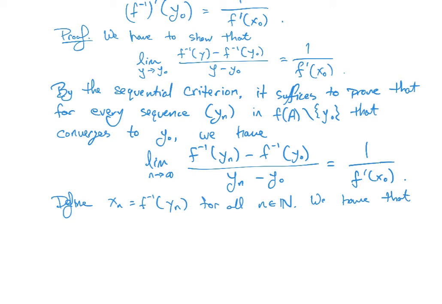We have that xn now is a sequence in A minus x naught. Why is that true?